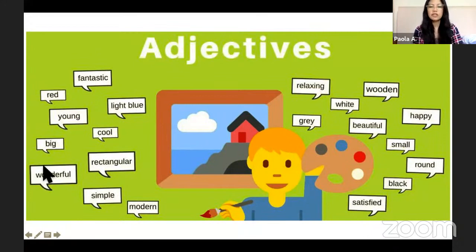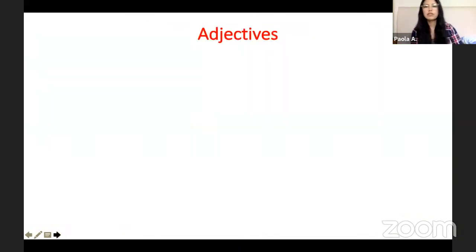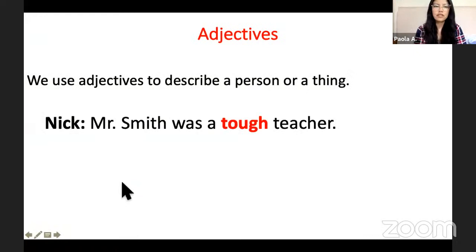Imagine that you are describing a person. A person could be young, could be happy. Imagine you're describing a thing. Maybe it could be a dog. A dog could be small, or maybe big. Imagine you're describing a ball. A ball could be red, or black, round, etc.